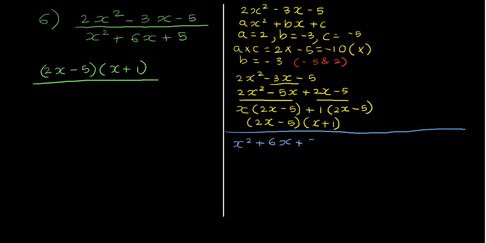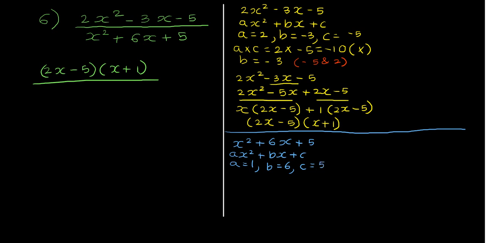Again, it's in the form ax squared plus bx plus c, where a is the coefficient of x squared, which is 1, b is the coefficient of x, which is 6, and c is the y-intercept, which is 5.